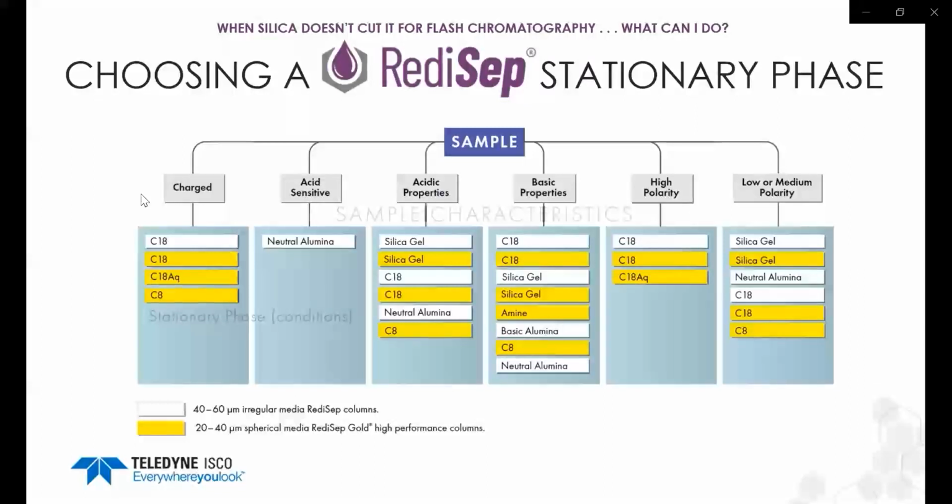If you look at the polarity of the compound, higher polarity compounds tend to use reverse phase C18, C18AQ purifications, or potentially HILIC-like separations on a bare silica. And then for lower to medium polarity, you have an expanded toolbox between reverse phase or normal phase separations. And just keep in mind the highlighted gold columns are high performance columns with smaller spherical media and allow for increased loading.